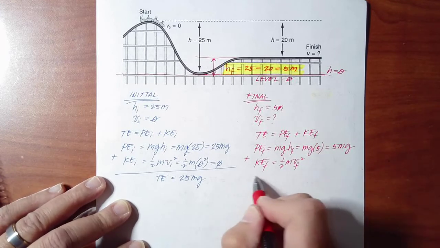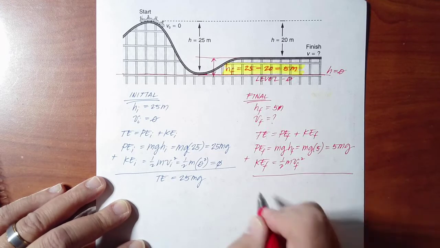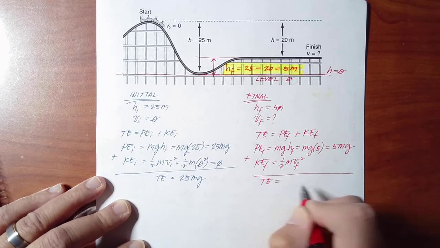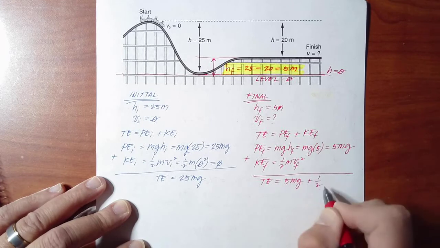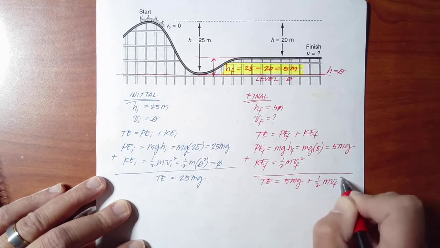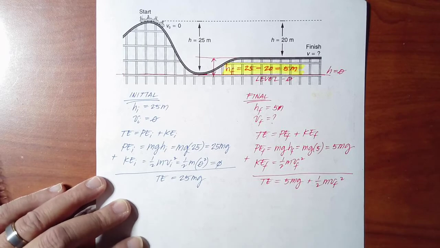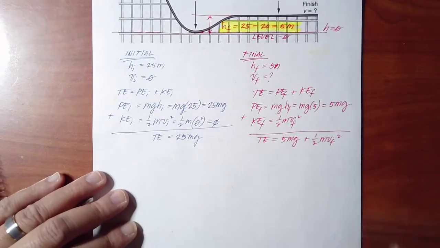And then we just have to add those two values together, so the total energy is simply 5 mg plus 1/2 m vf squared.